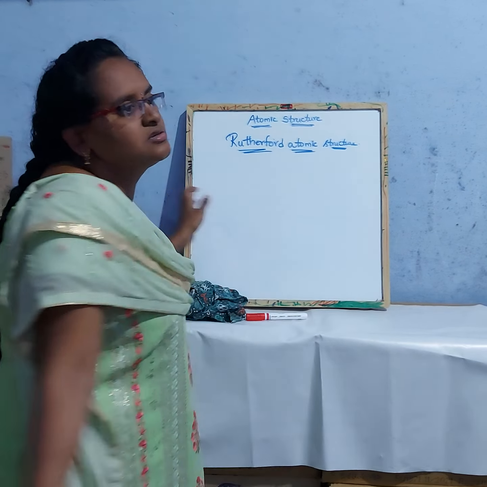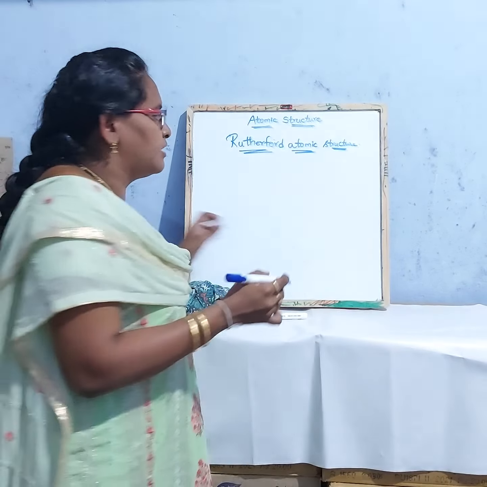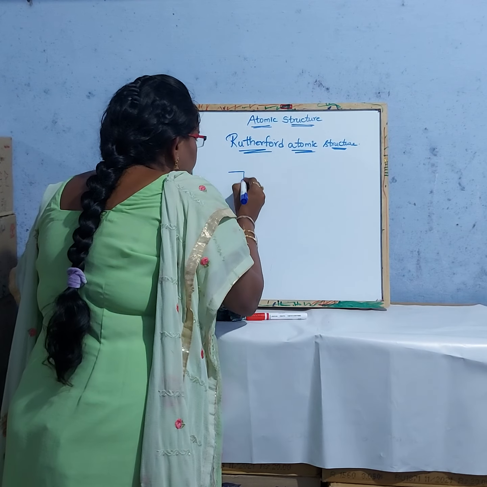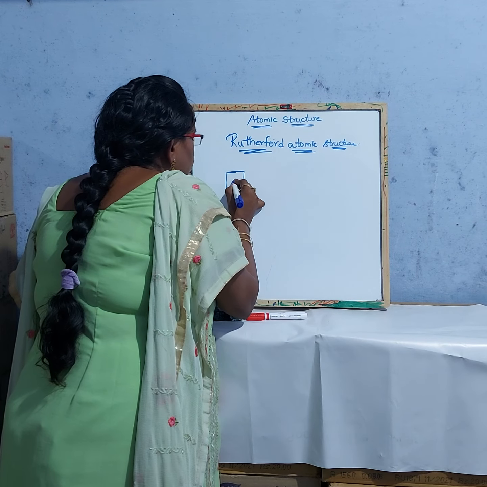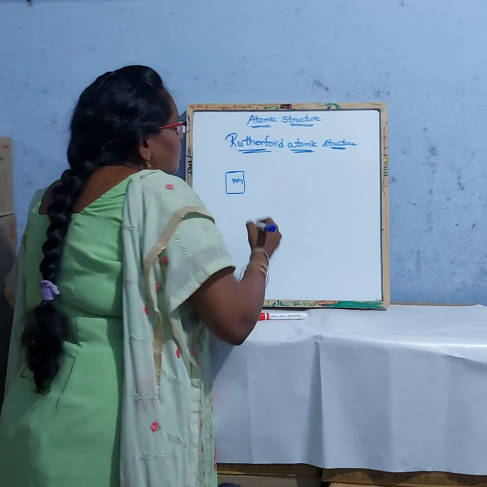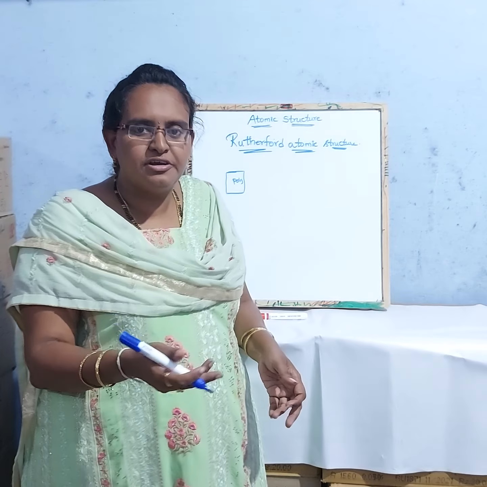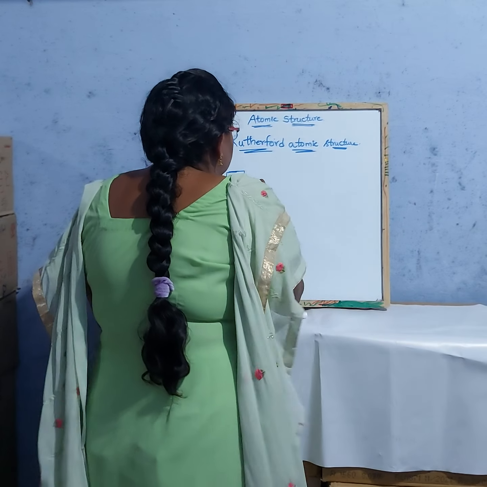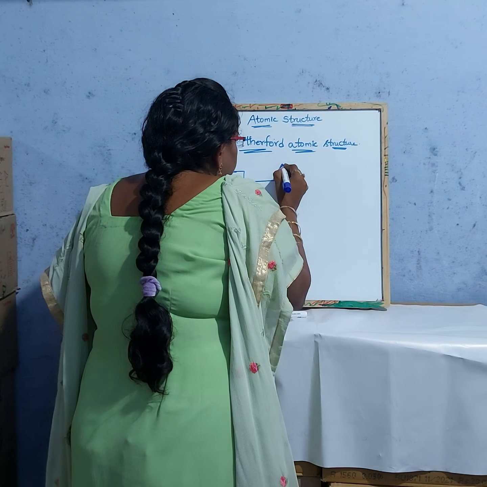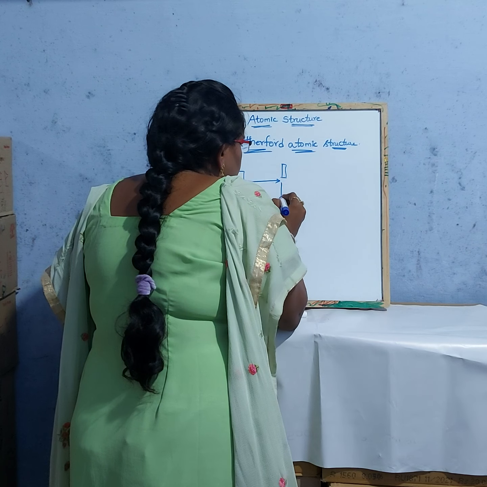Rutherford is the scientist who conducted an experiment. He took a polonium source which emits alpha rays, and it is passed through a slit so that the rays will not be deflected.